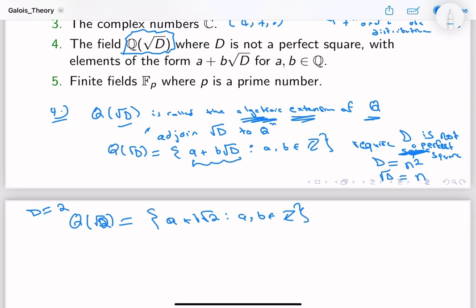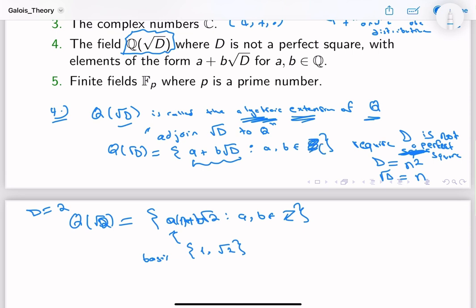we're introducing a new basis vector. If you look at this closely, you see that we have a basis 1 and the square root of 2, because we're taking linear combinations of 1 and the square root of 2.